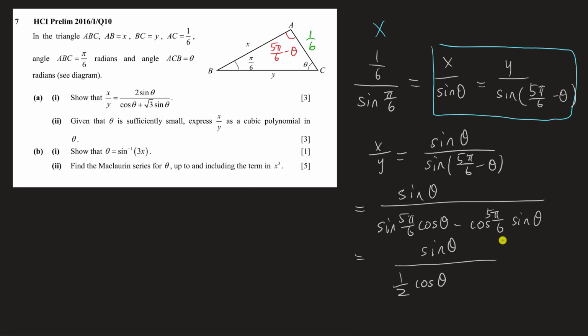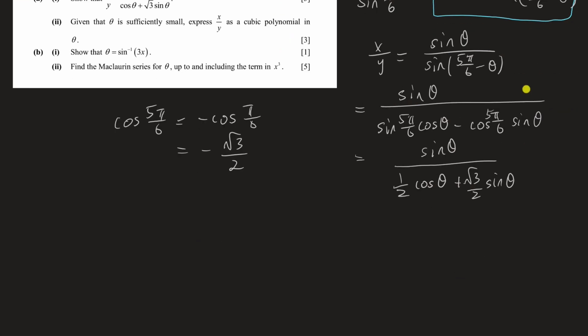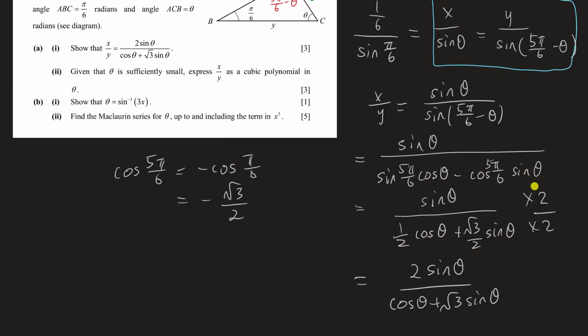Cosine 5 pi over 6 is the same as negative cosine pi over 6, which would give you negative root 3 over 2. So minus gives you plus root 3 over 2 sine theta. Multiply your numerator by 2 and your denominator by 2. 2 sine theta over cos theta plus root 3 sine theta. And we are done for the first part.